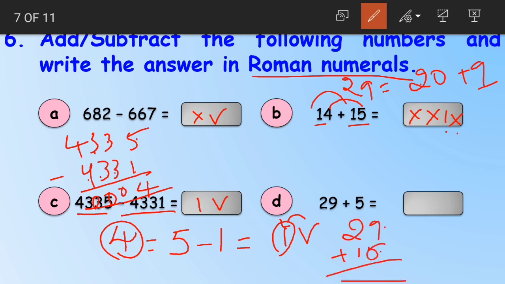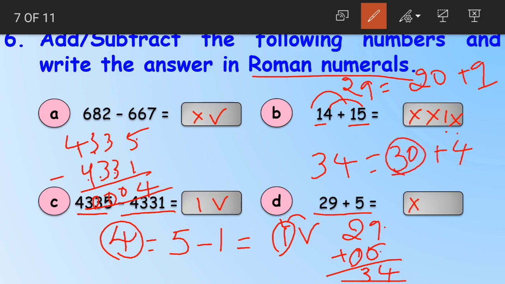29 plus 5, 9 plus 5, 14. 1 is carried. 2 plus 1, 3. So 29 plus 5 we have 34 as our answer. Now how to write 34? 30 plus 4. Now 30 in Roman numerals is written as XXX. And how do we write 4, children?